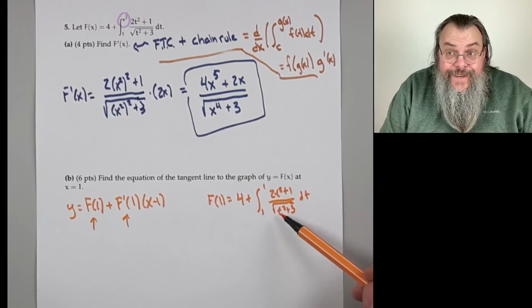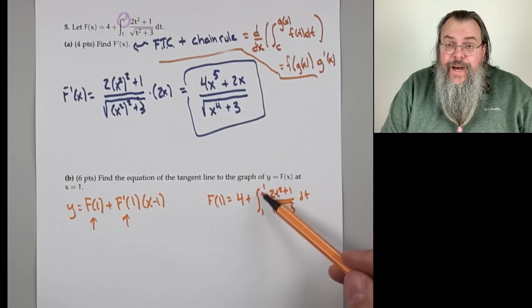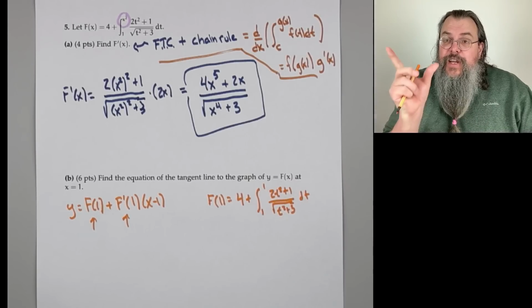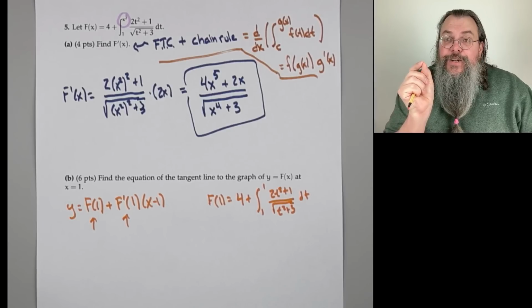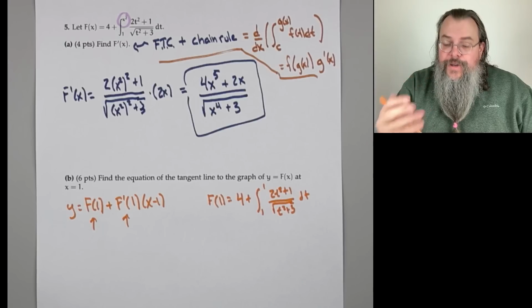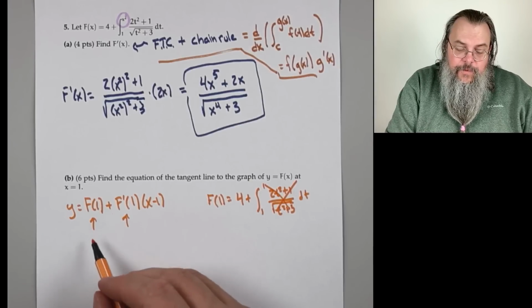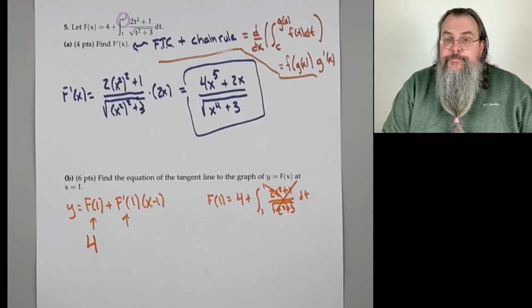Or do you have to? Notice the bounds. When the bounds match, that says there's no width. No width, no area. No area, 0. So that goes away. So f of 1 is 4.